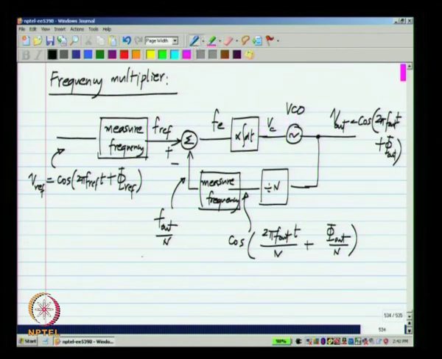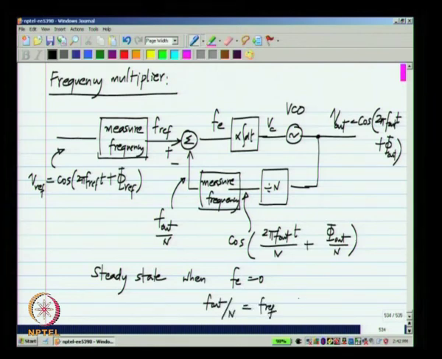Under that condition Fe equals 0, that means f out by n equals f ref, or f out equals n times f ref. All we have done is to split the forward path into two parts, one which is a tool for controlling the output frequency electrically, and the other which provides this control as an integral of the error between the input and feedback frequencies.